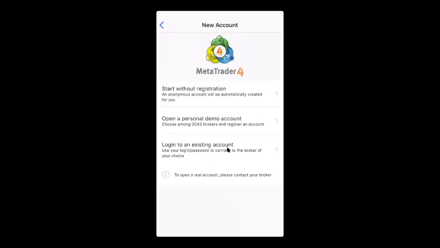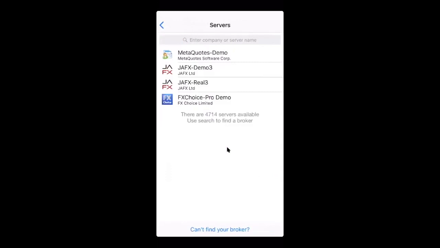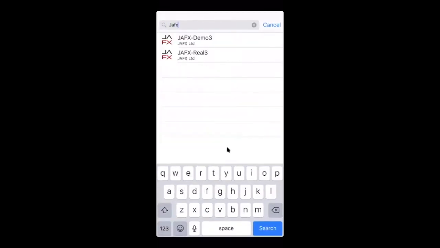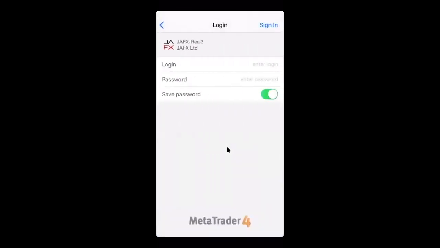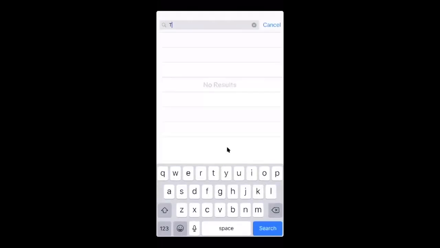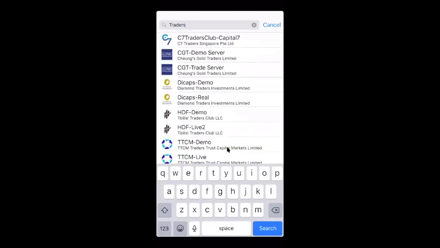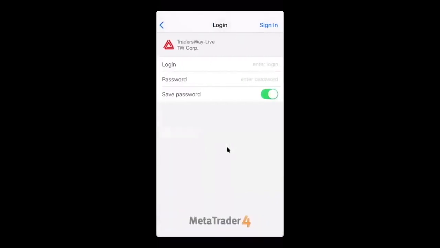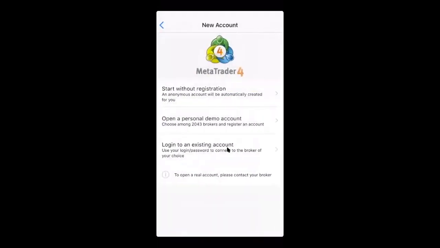So let's click log into existing account. And let's just say your broker is JAFX, real for live account. You just simply enter your username credentials over here. Let's say if you had a Traders Way broker account, you'll be able to see it right over here. And it's really that simple.